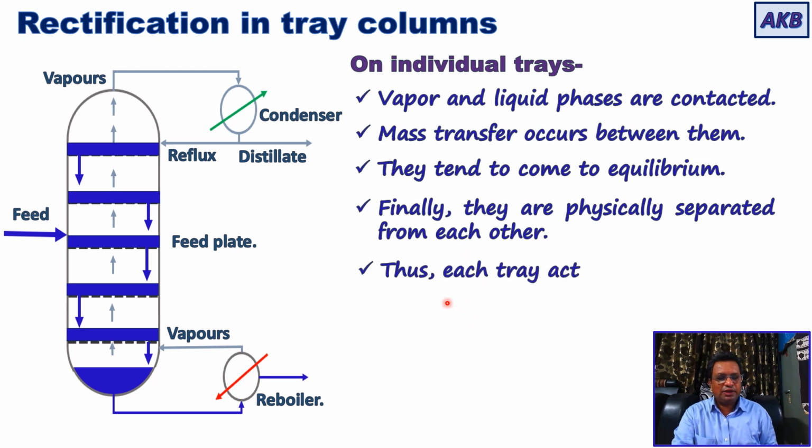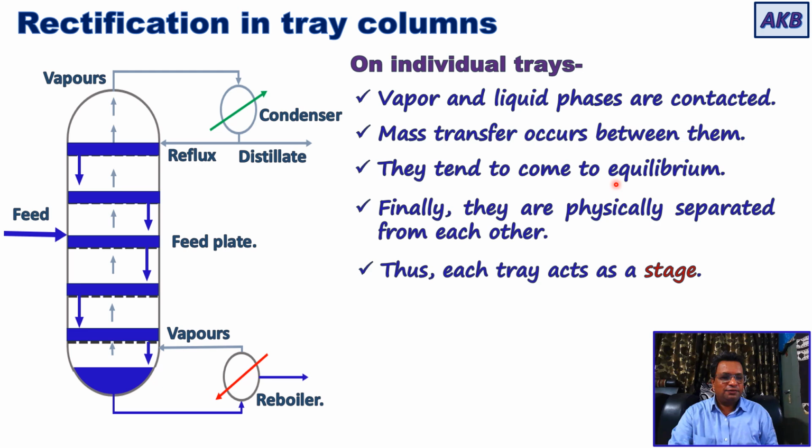So in one way, we can say that each tray is acting as a stage. You know what a stage is? In stage-wise contact, a stage is a device or combination of devices where the two insoluble phases come in contact with each other, mass transfer occurs between them so as to bring them to equilibrium, and then they are physically separated from each other.